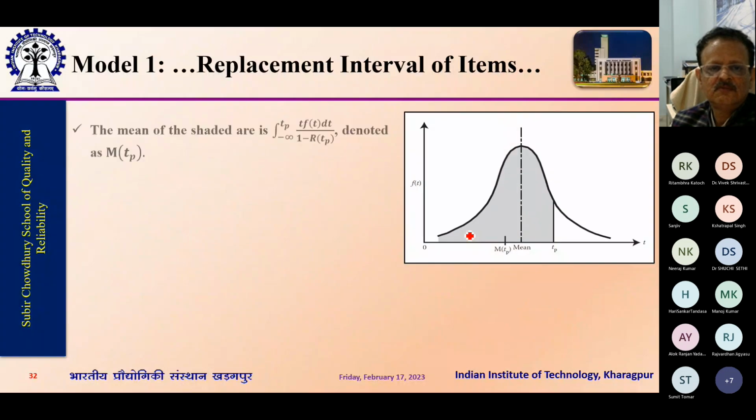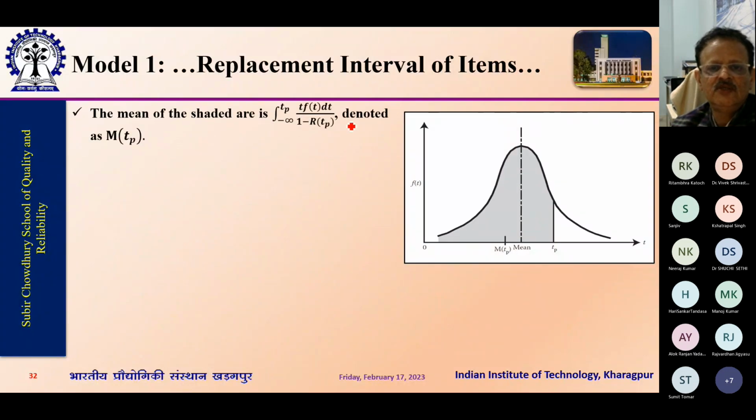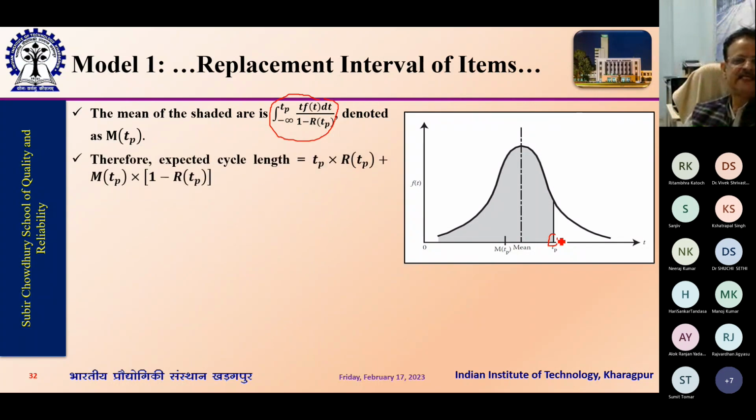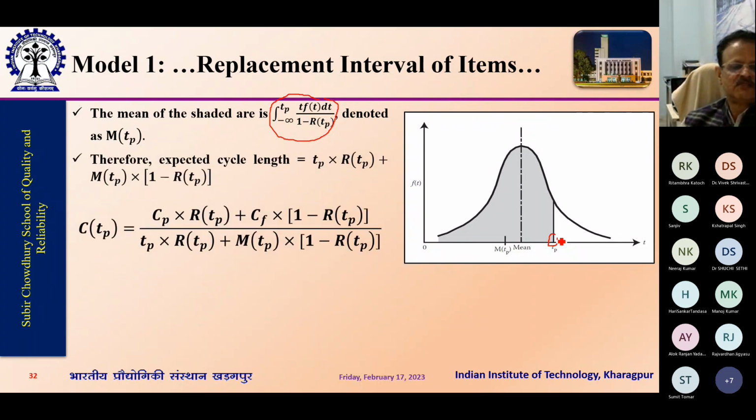You have done this earlier, in the earlier lecture: the mean time to failure of a truncated distribution, the expected time of failure of the unit undergoing a preventive maintenance cycle. Write this. This is the model.